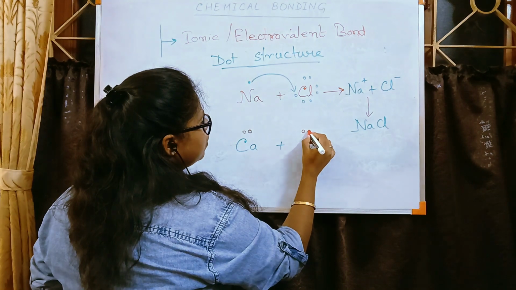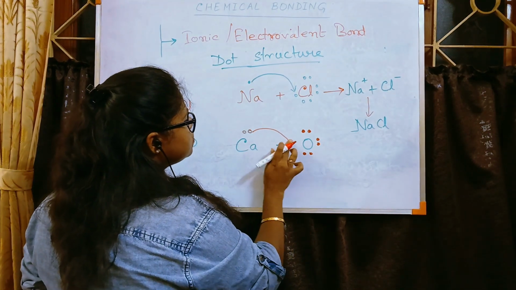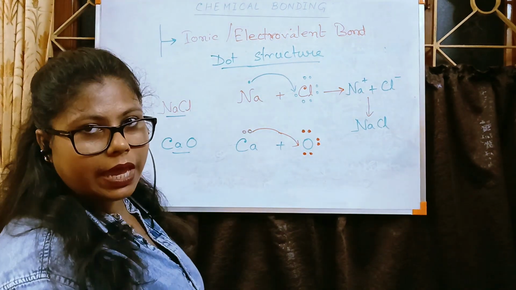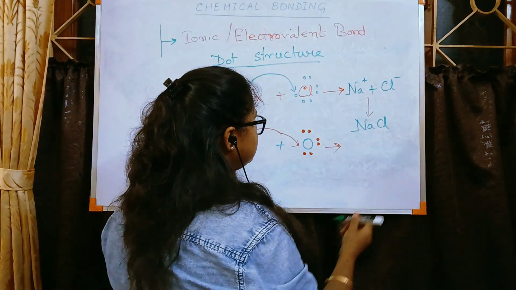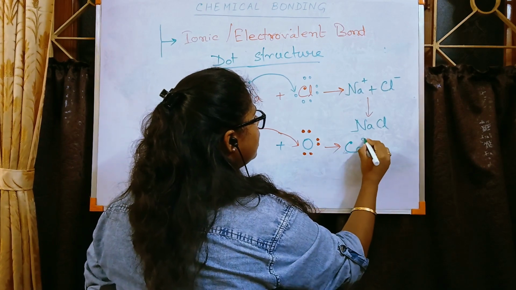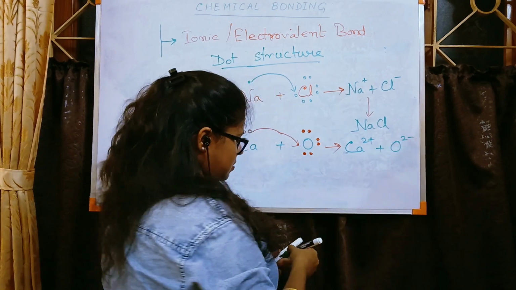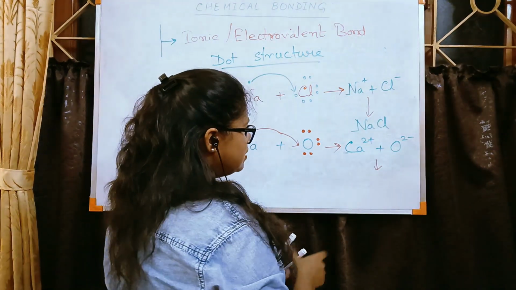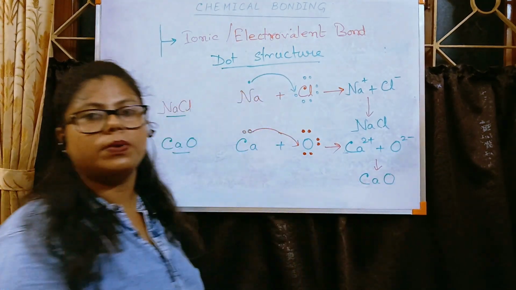So if these 2 electrons can be transferred to this oxygen, then both will gain stability, and as a result we are going to get Ca2+ and O2-. Two different types of ions, plus and minus, hence a very stable compound of calcium oxide is obtained.